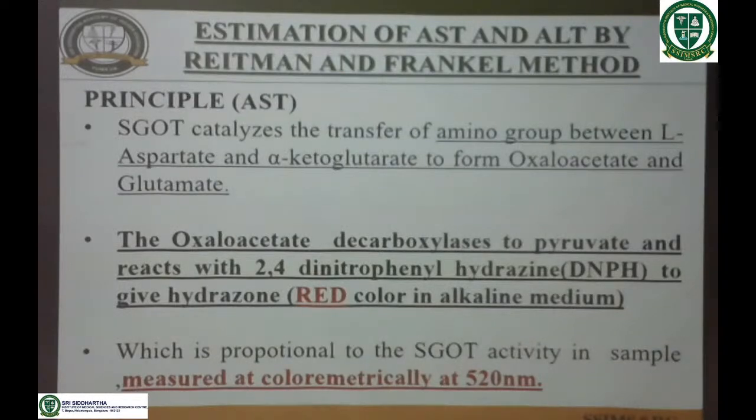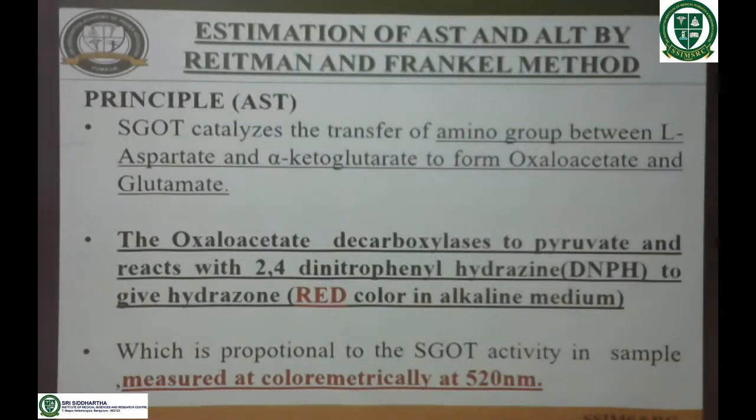So that completes the kit method. Now we will see estimation of AST and ALT by the Reitman and Frankel method. This is a chemical method, but when compared to the kit method, the accuracy and precision will be low.